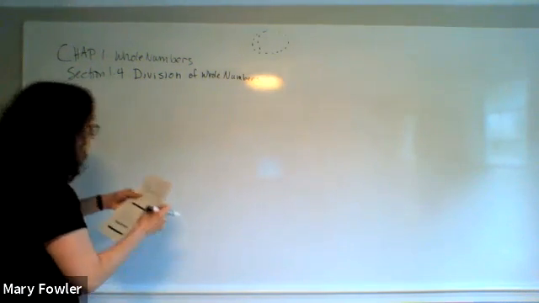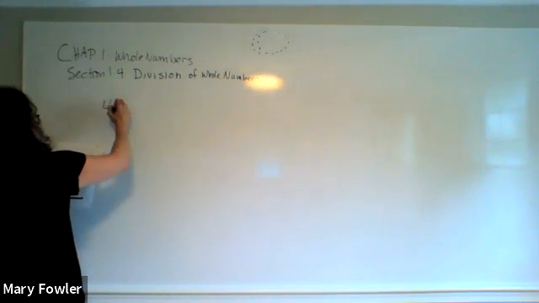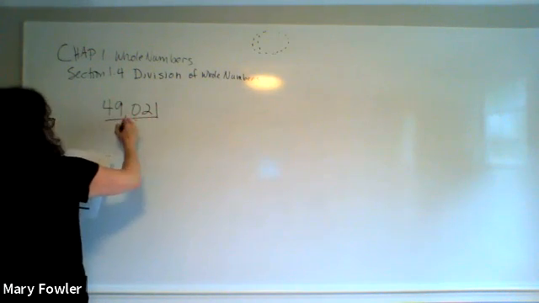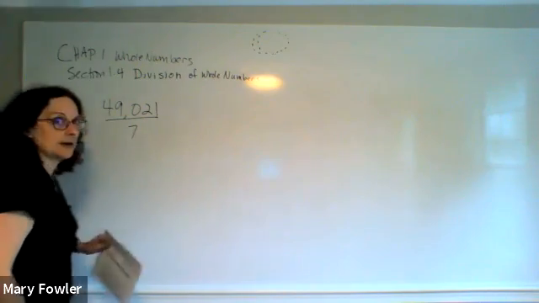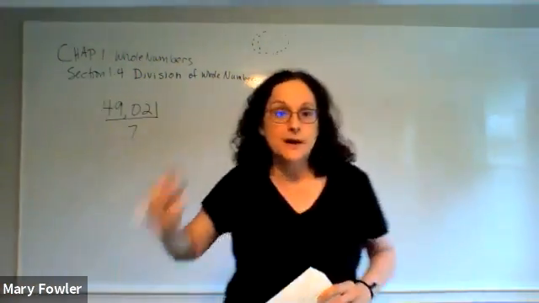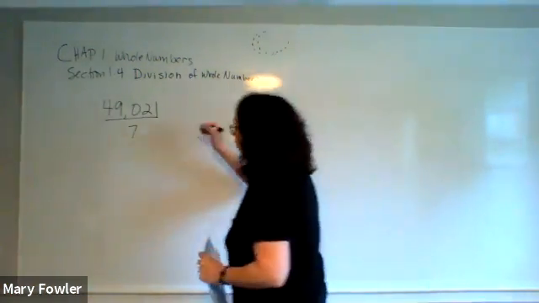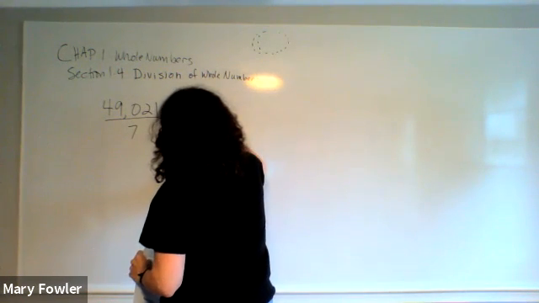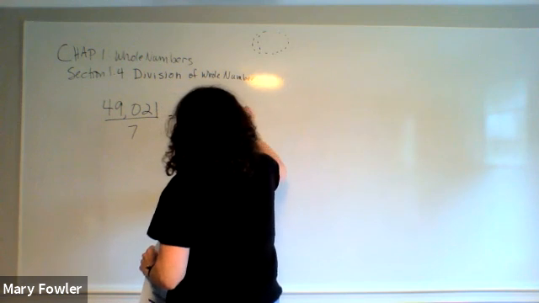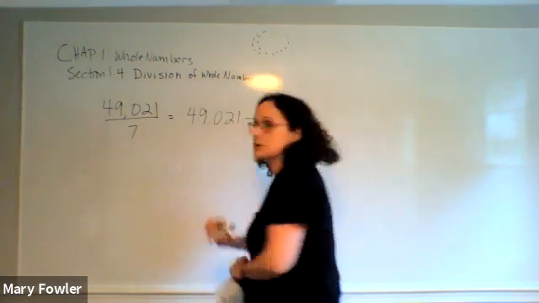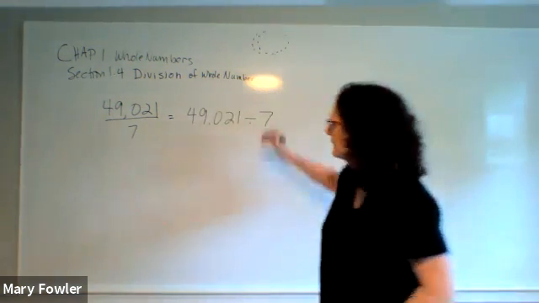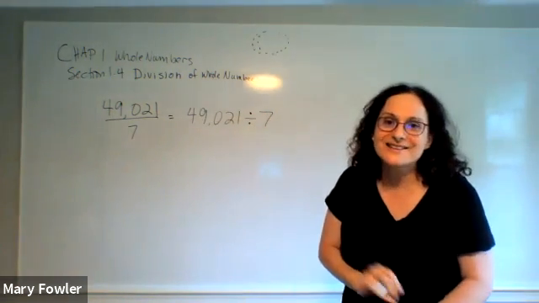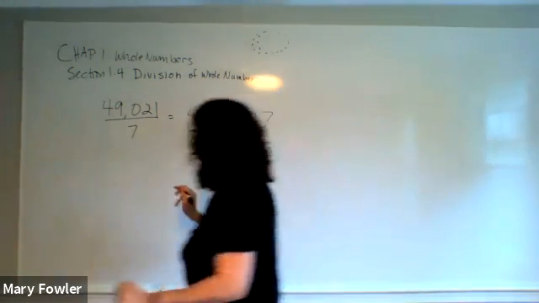So we're getting used to multiple ways of writing and reading these problems. I wrote it using the fraction bar notation. I'm going to also write it using the division sign. And now I want to write it in the little division box.